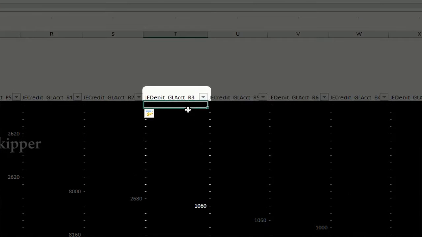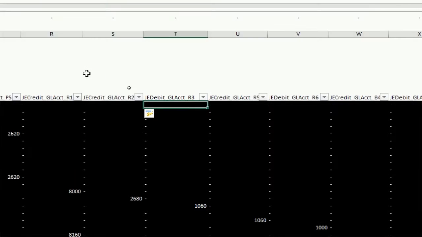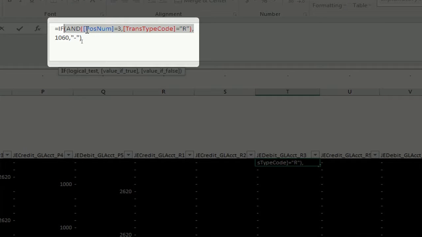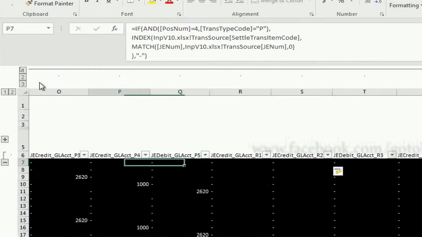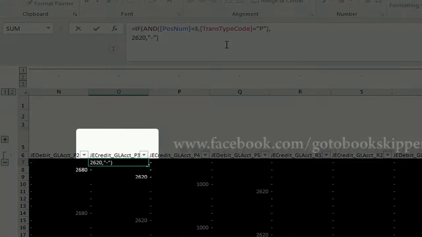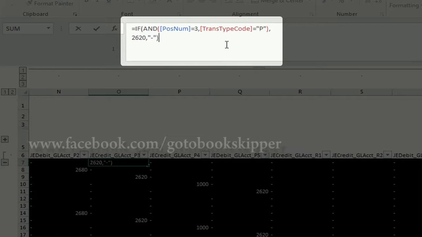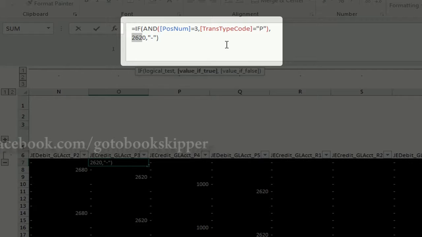This is JE debit GL account R3. When the position equals 3 and the type equals R, revenue, we look for 1060. So let's take a look at P3. It is very similar. The position equals 3 and the type equals P, then it looks for 2620.